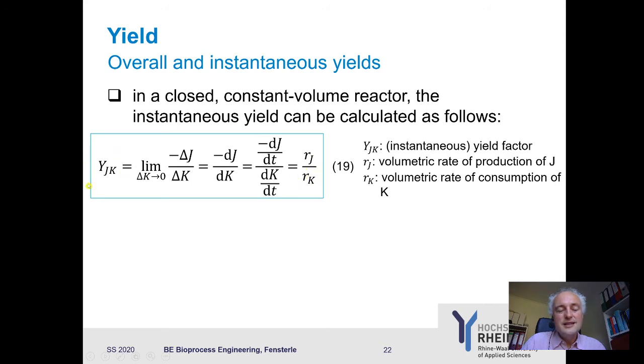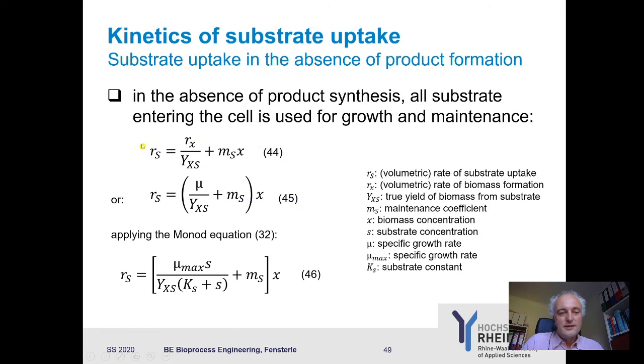So with this yield, in this case of the biomass formation based on the substrate concentration, we can correlate these rates and connect these rates. Remember, this also comes from basic reaction theory and yields. So then we can just write it like this, and we can again say that Rx of course is mu x, and then we get this expression and write Rs like this, and we can put in the Monod equation.